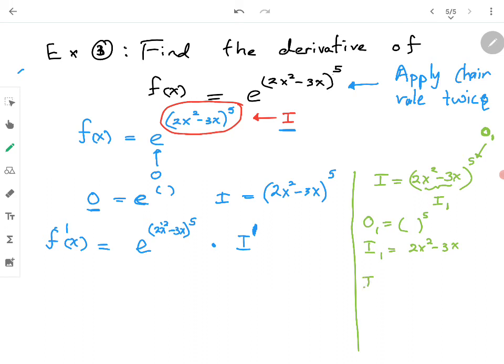So then I prime is, you take the derivative of the outer function first, this one. So 5 comes down and you subtract one power, so the power becomes 4, and inside you need to write the inner part, which is 2x squared minus 3x, and times I1 prime.